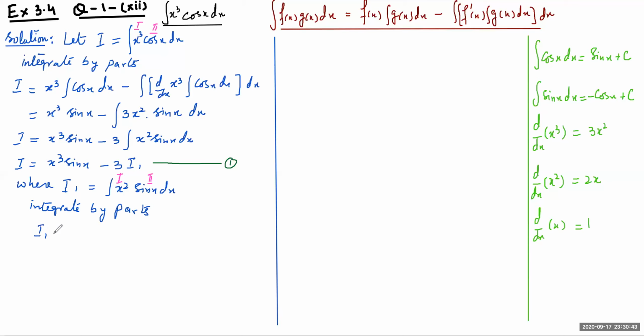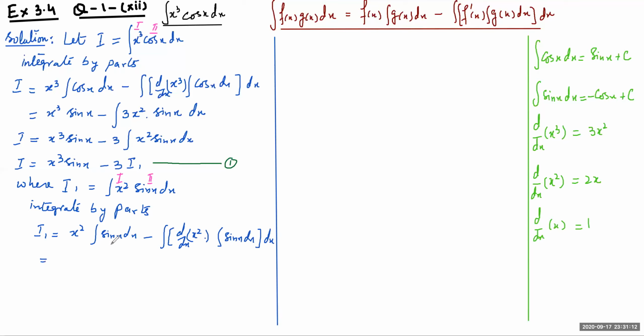I get I1 is equal to first function times integral of second, minus integral, bracket starts, derivative of first function, that is d by dx of x square, into the same integral, and what is the integral? Integral sin x dx, bracket close, and we have a dx.